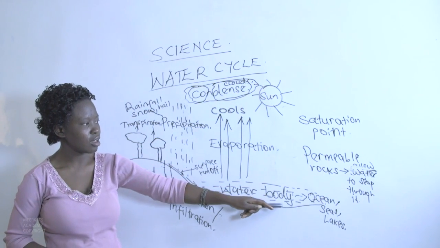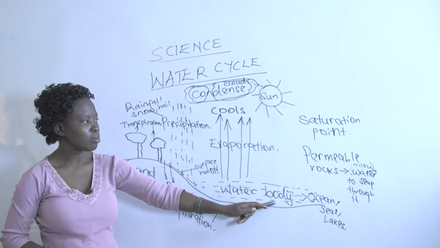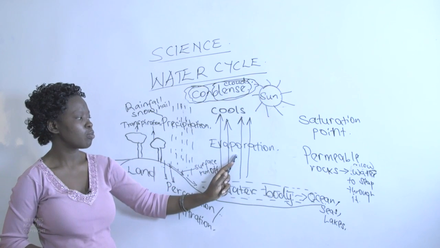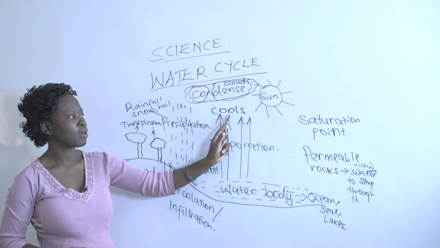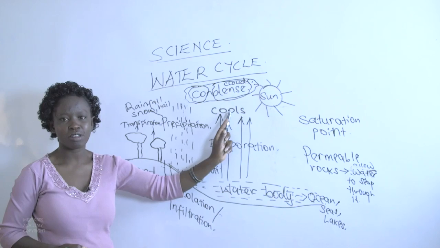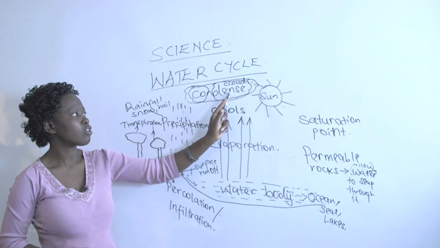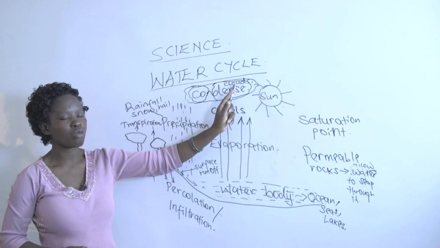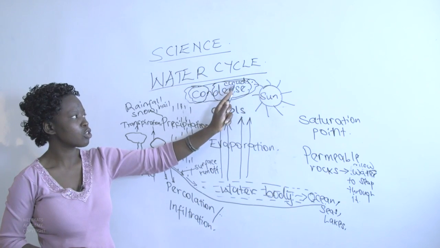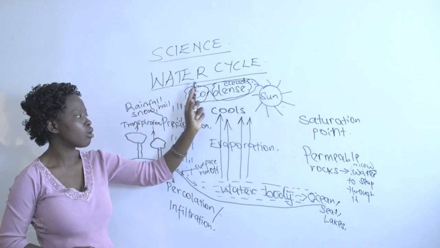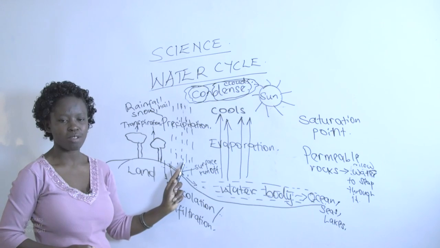So we are having water moving from the water bodies through the process of evaporation. Cooling takes place. When saturation point is achieved, then condensation will take place, clouds will form, and further condensation leads to these clouds falling in form of precipitation.